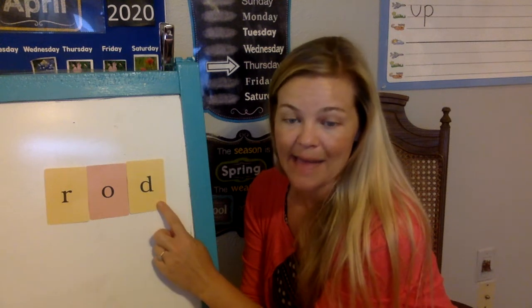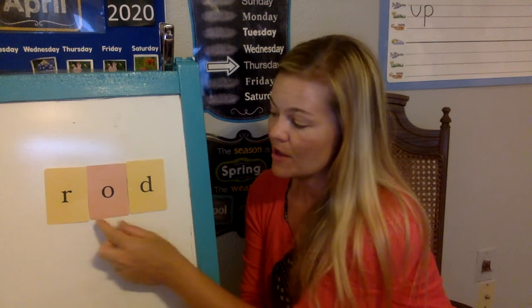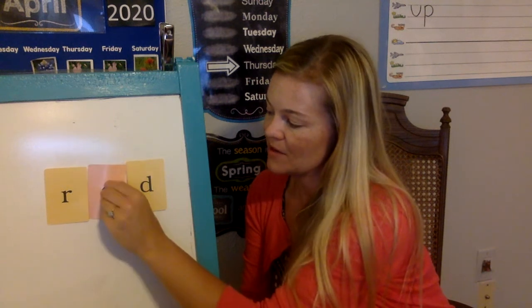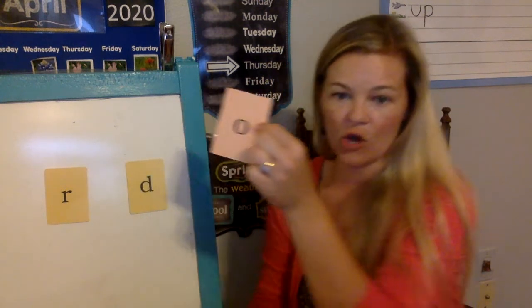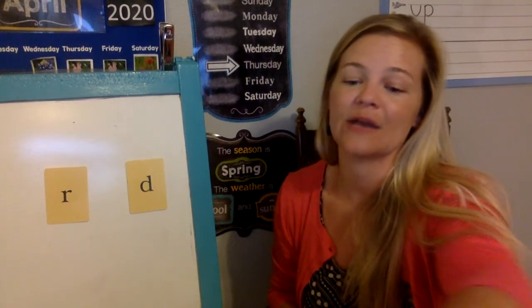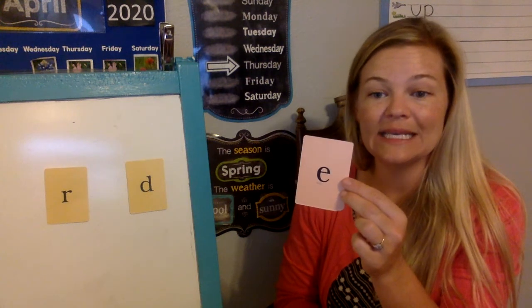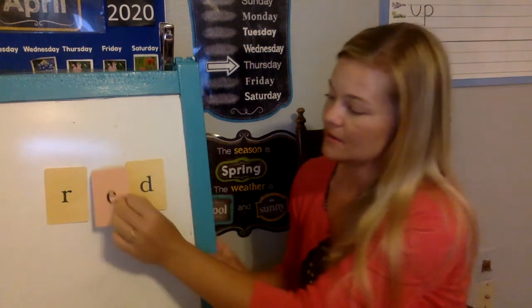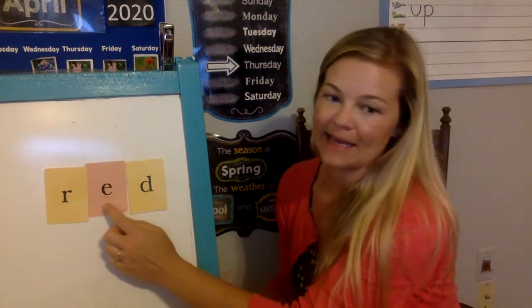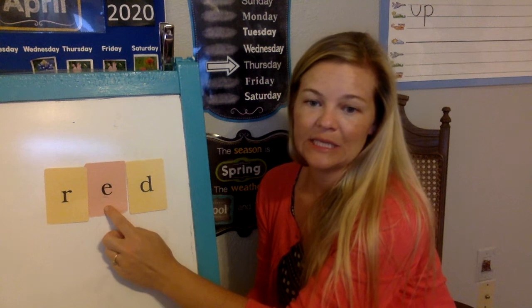Okay, now I want you to leave your R magnet tile up at the beginning. Leave your D magnet tile at the end. But I want you to take the middle magnet tile. Take the O down and put the O back in your magnet tile board in ABC order. Now, let's see what it would be if we put an E in the middle. So find your E magnet tile and put the E in the middle.